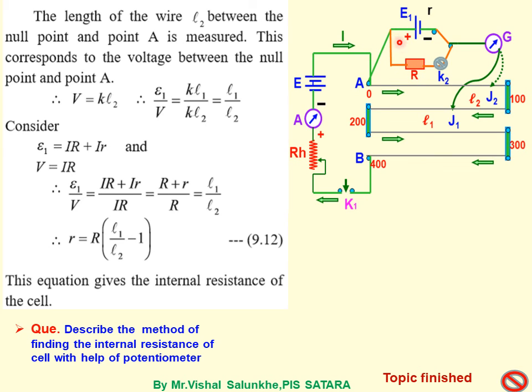If you apply this rule, both the currents will be opposite, so we can take a minus, and if you shift that minus, across this R we write current I into resistance R, and across this we write current I into small r, is equal to the EMF. Only one EMF is there in this small loop, that is E1. That's why this equation has come. I hope you understood, my dear students. Thank you.